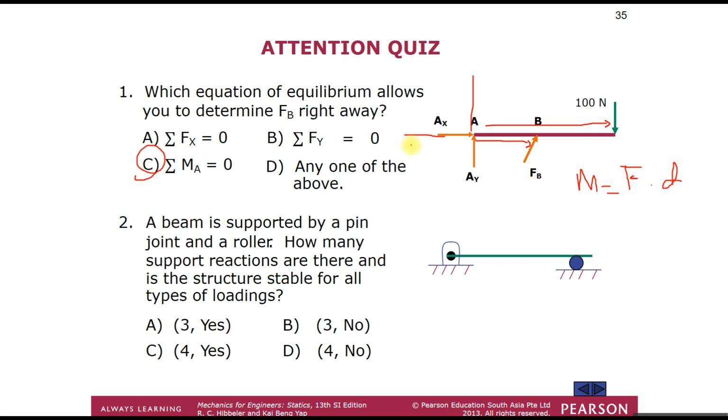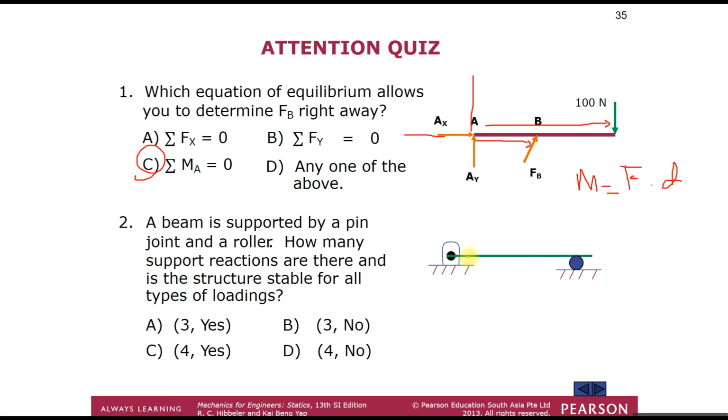A beam is supported by a pin joint and a roller. How many support reactions are there, and is the structure stable for all types of loadings? We have a pin here.